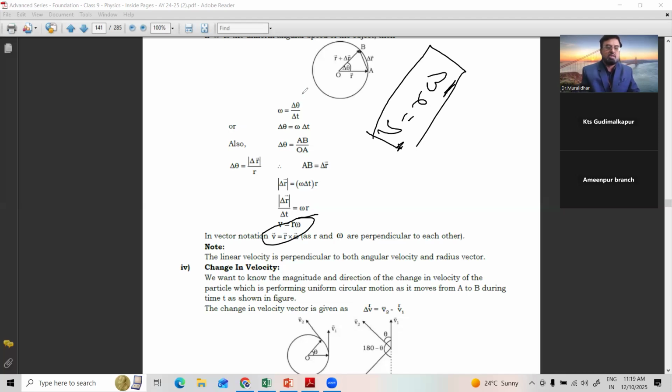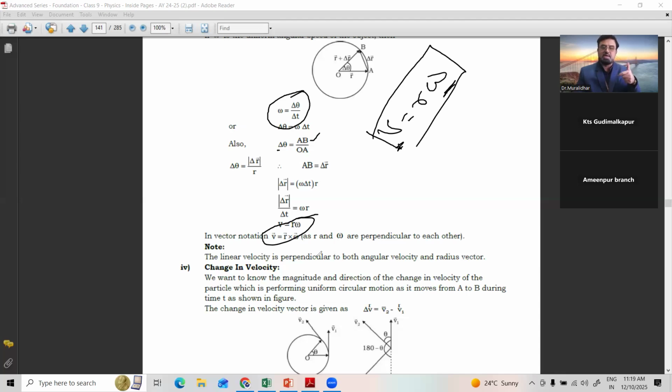From the formula we got, omega is equal to displacement by time, as you have just seen. So substitute here: in place of angle theta, you can substitute omega t. We get R omega. V is equal to R omega.